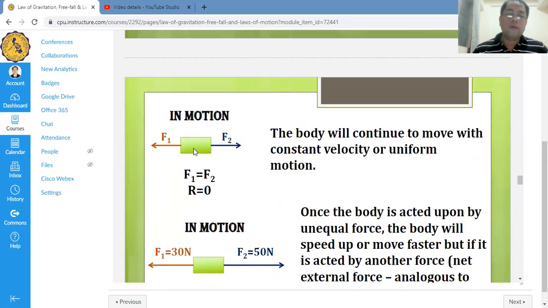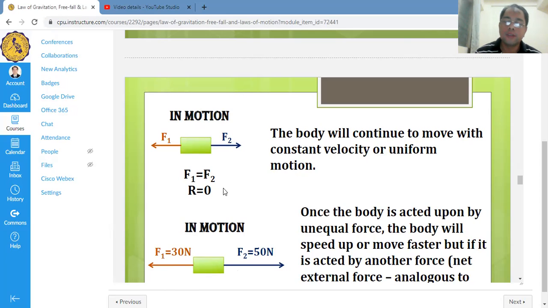If the object is already in motion and the forces are the same, then the body will travel with constant velocity or uniform motion. The body will not accelerate; it will simply move as it is. But if you apply forces with two different values and the body is already moving, then the body will tend to move faster than its initial state.